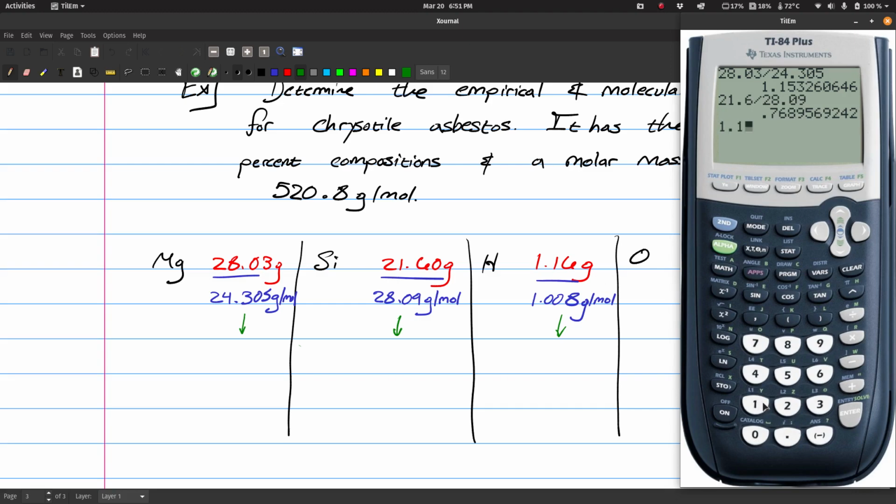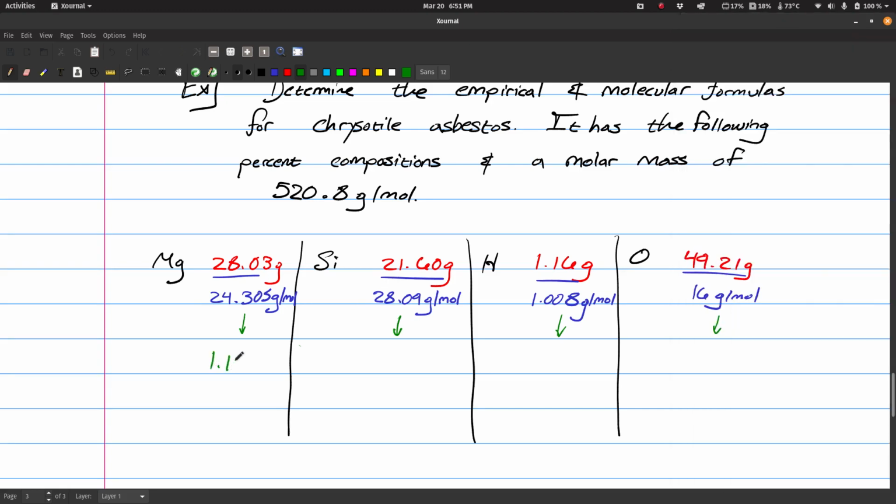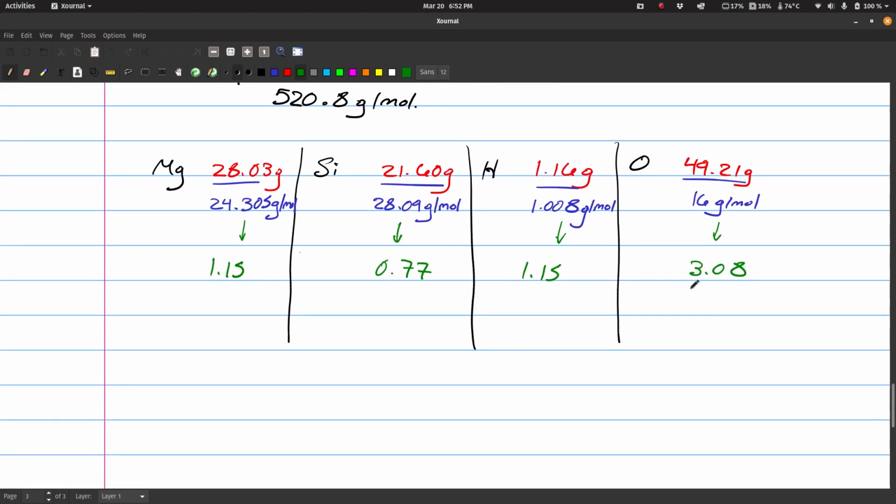So we have 1.16 divided by 1.008, about 1.15, and then this one was 49.21 divided by 16, and that's going to be about 3.08. So let's write all those down. So we have 1.15, 0.77, 1.15, and 3.08.